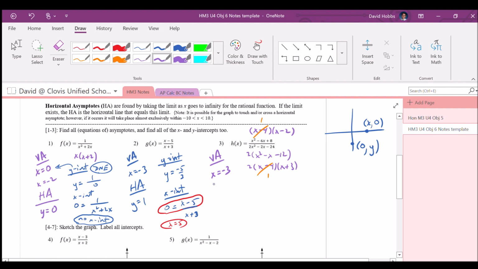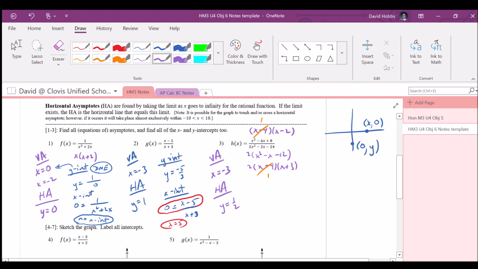Okay, now, horizontal asymptote. If we take the limit as x goes to infinity, we could do the original problem or we could do the reduced problem. So equally weighted, 1x squared over 2x squared, so y equals 1/2. Okay.